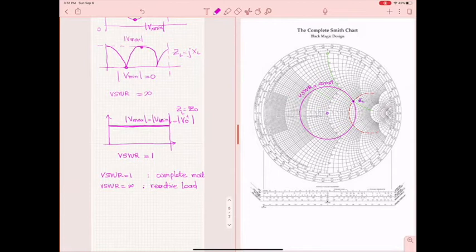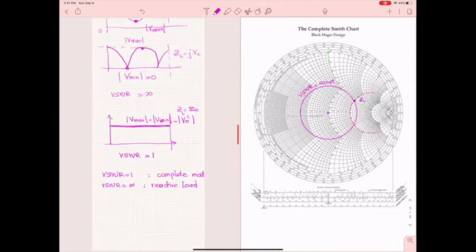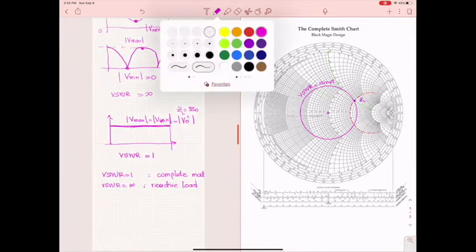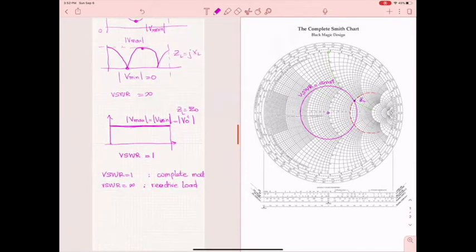So the VSWR here is extremely important. If the value of the VSWR is 1, then practically you are at the center of the circle, and you see here is where you read your VSWR. You read it along this line here.